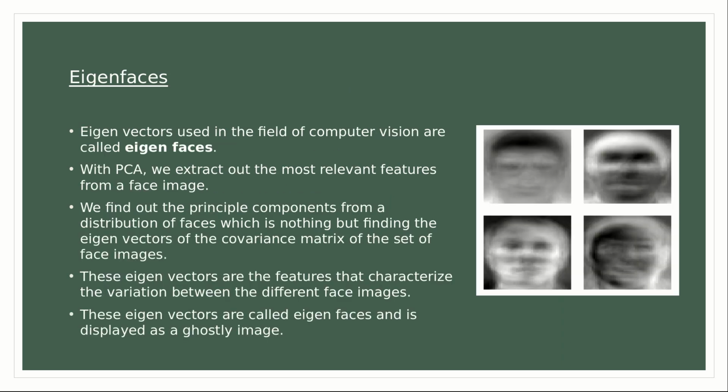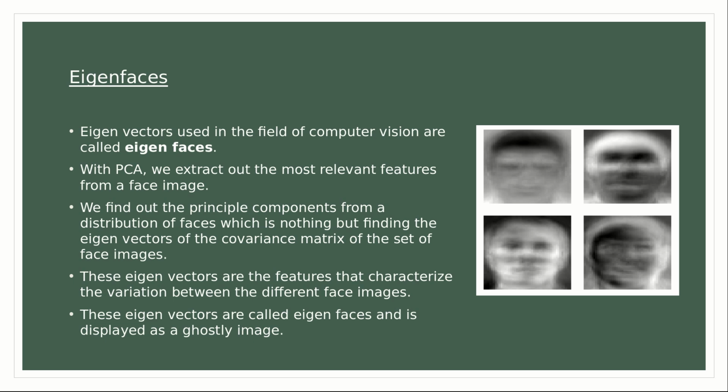So coming to Eigenfaces, one of the other major concepts in this project. In the field of computer vision, whenever we talk about eigenvectors, we refer to them as eigenfaces. As we learned from PCA, we extracted the most prominent features from a face image. So what exactly is that?